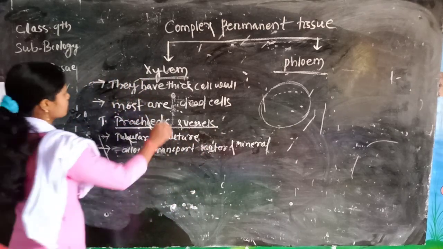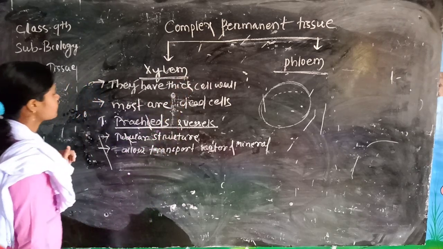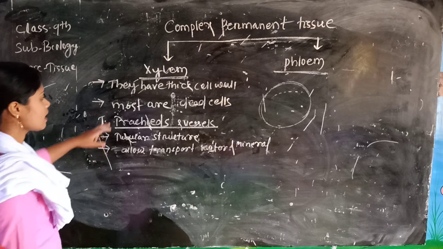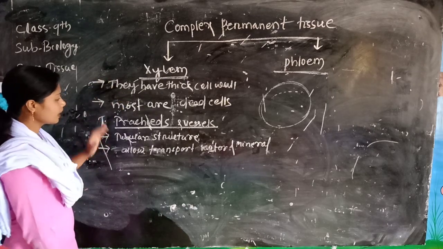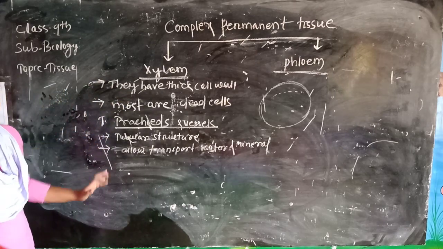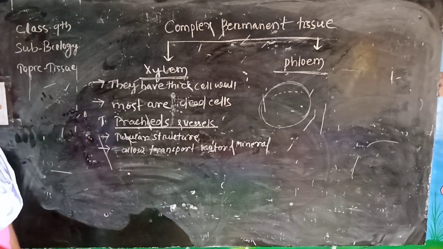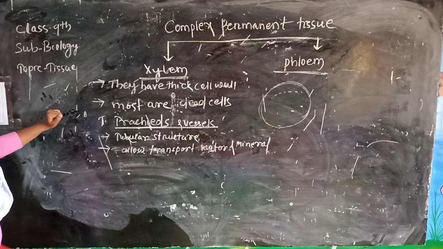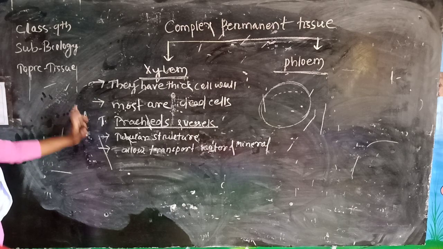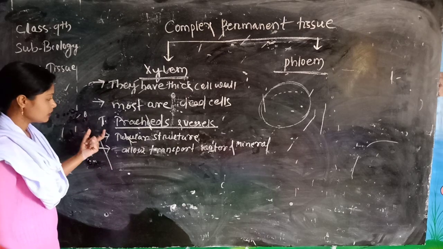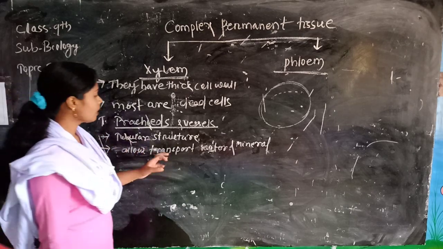Then first we see the xylem. Xylem has a thick cell wall. Most are dead cells. It consists of tracheids, vessels, xylem parenchyma and xylem fiber. Tracheids and vessels have a tubular structure that allows them to transport water and minerals.